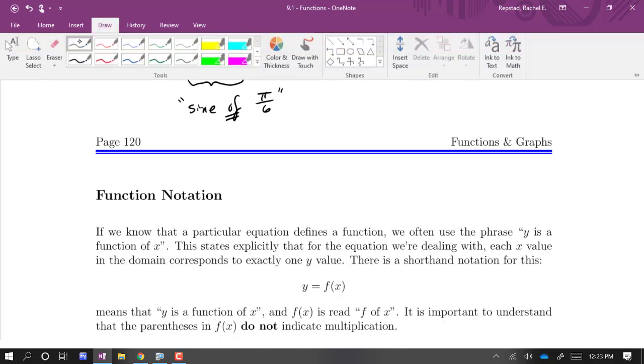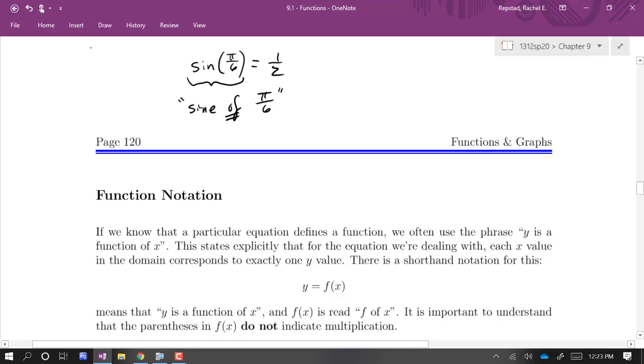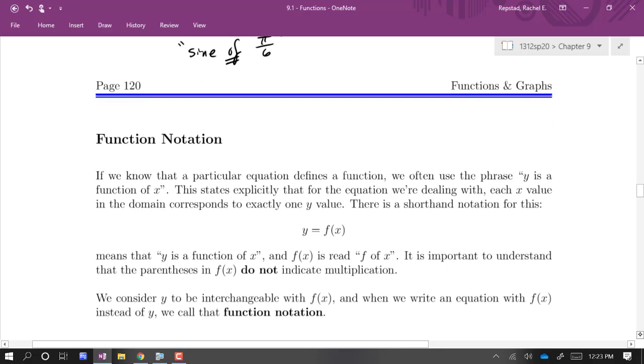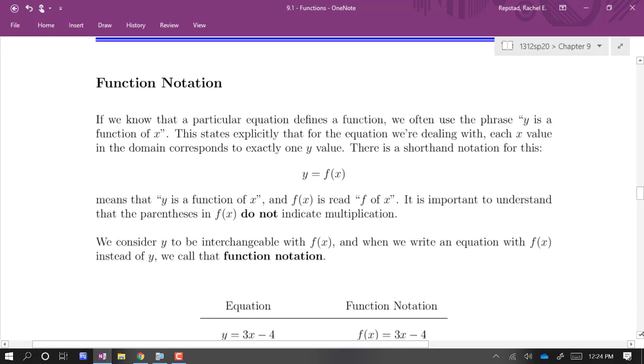But we can more generally define functions. So often we'll use just the lowercase letter f, or sometimes g or h. And so when we use function notation, we'll often write f of x in place of y. So y is equal to f of x. And when we use this f of x, this is function notation here. It's really important to note that f of x is read as f of x.